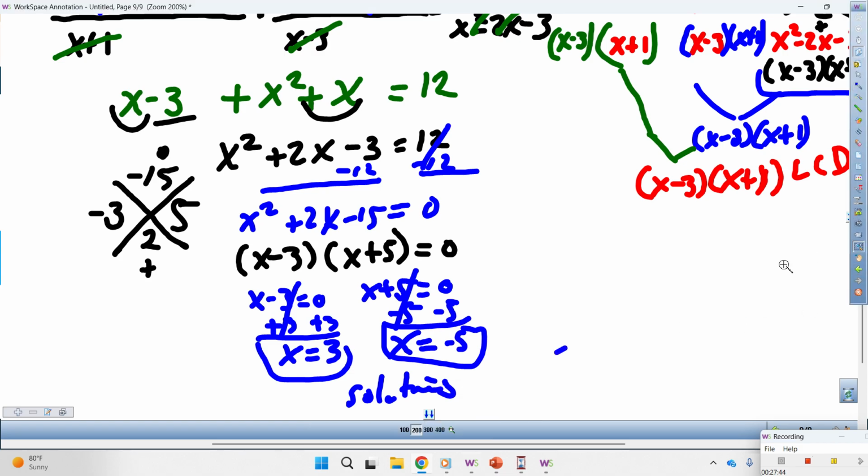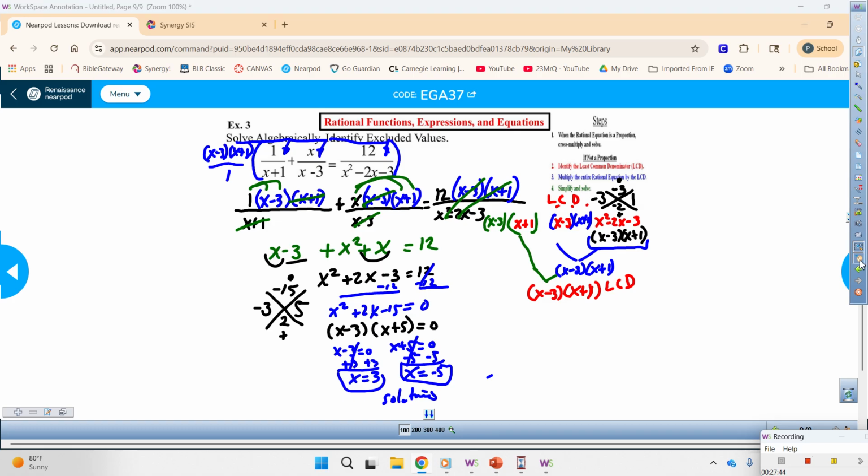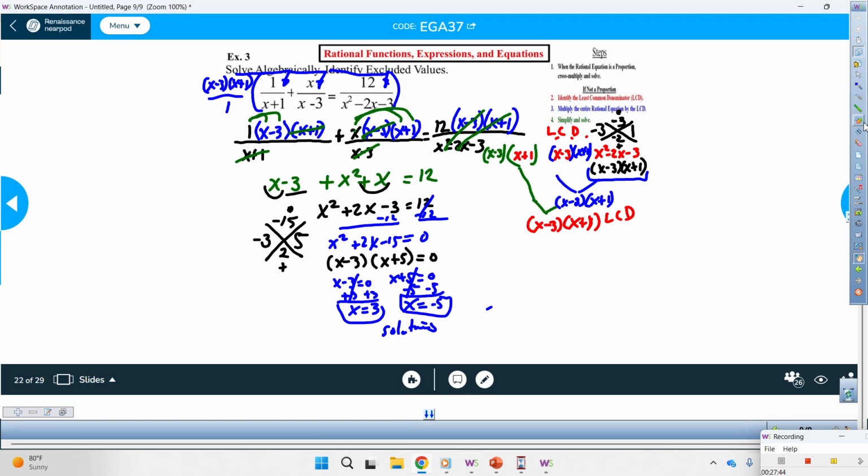Let me zoom out. However, are we done, Leo? What do we need? Excluded values. Tell me what to write, Leo.